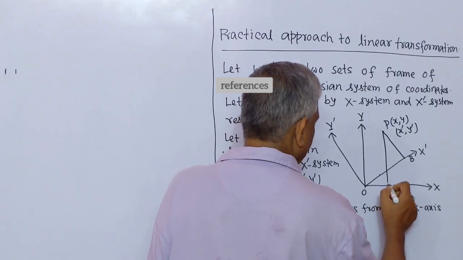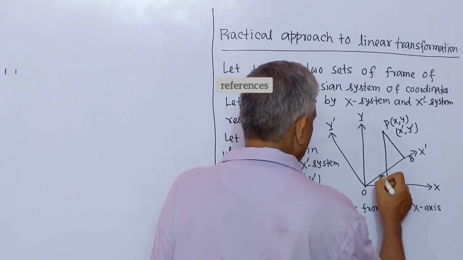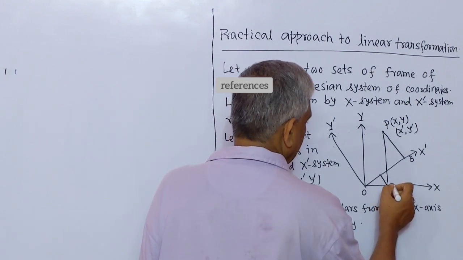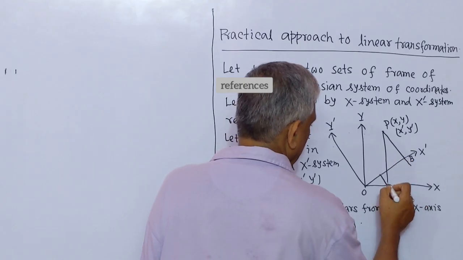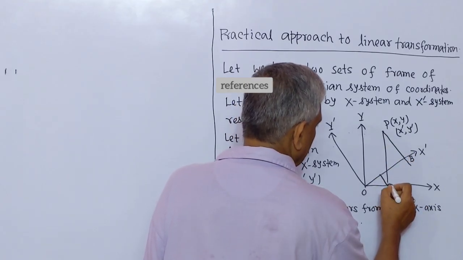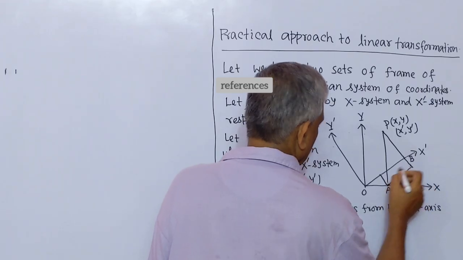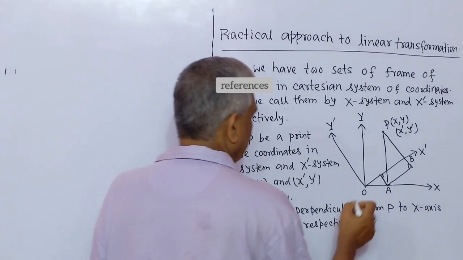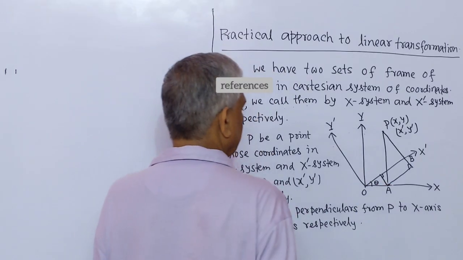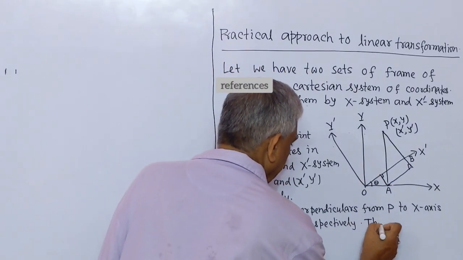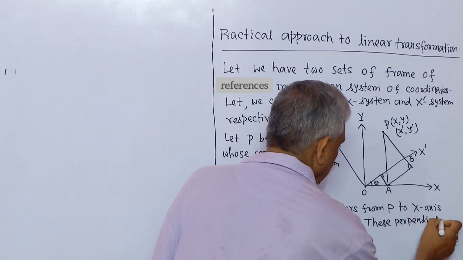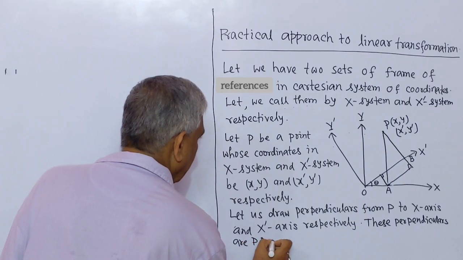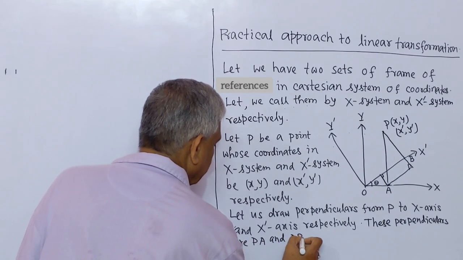Let us draw a perpendicular from A to the X prime axis and also from A to the extension of PB. Let this angle be theta.